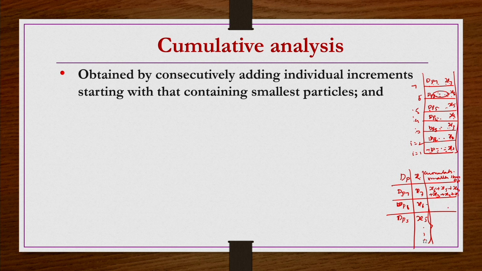Likewise, when you come to this point, what is the fraction of material having a size smaller than dp6? So, dp5, dp4, dp3, dp2, dp1 all of them have a size smaller than dp6. So, the corresponding fraction added cumulatively should be x5 plus x4 plus x3 plus x2 plus x1.